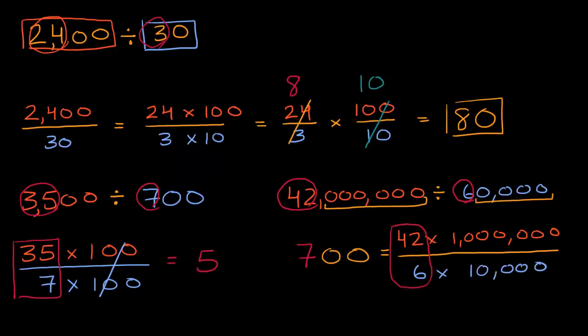And now, one way to think about it: if we divide the numerator and the denominator by 10, we lose a 0. Then we do it again, we lose zeros, and again, and again. And so this thing just all becomes 1. Or another way to think about it, if we divide the numerator and the denominator by 10,000, this becomes 1. This thing loses 4 zeros, and you're left with 42 divided by 6, which is 7, hundreds, because we have a 1 now in the denominator. 100 divided by 1, so 700.